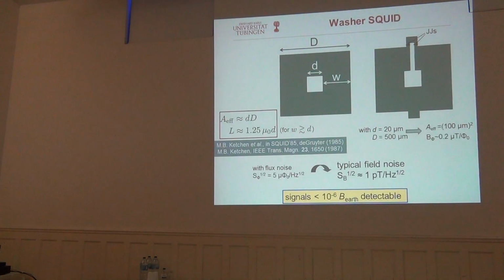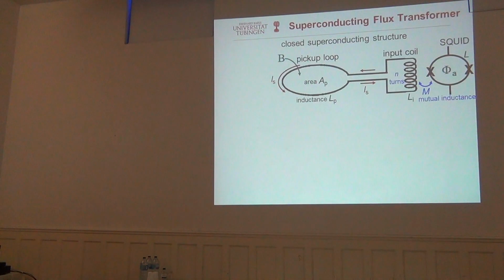But okay, this value is nice, but it's not great. And you can do much better, and this was developed by Mark Ketchen. John Clark termed this a hearing aid for SQUIDs, you develop this closed superconducting loop, which is a flux transformer. So you have a big pickup loop which connects all the field you want to detect, connected in series to an input coil coupled by a mutual inductance to the SQUID.